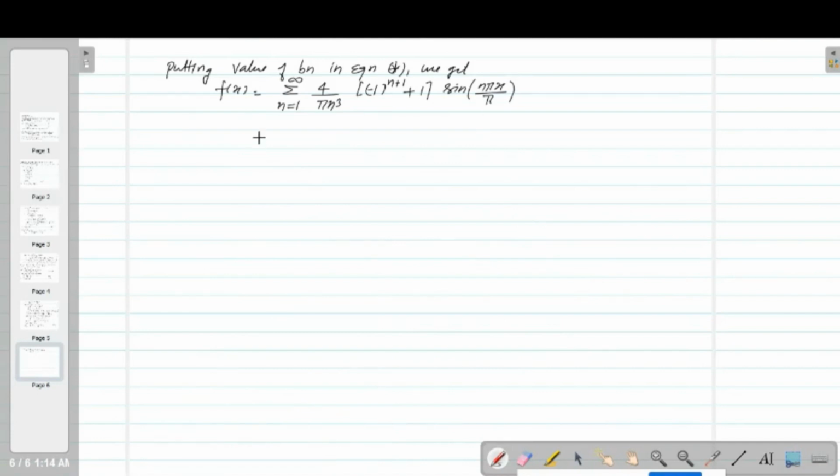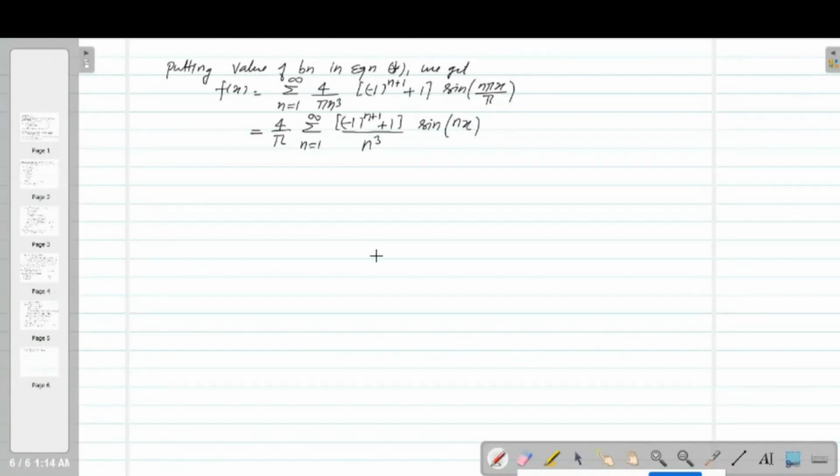Okay, so this can be written as, what is the constant term? 4 by pi is constant, take outside, sum running from n equal to 1 to infinity, and we will have minus 1 raised to n plus 1 and plus 1 divided by n cubed into sine n x.